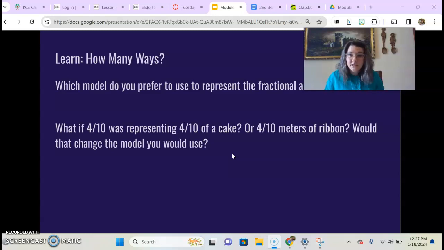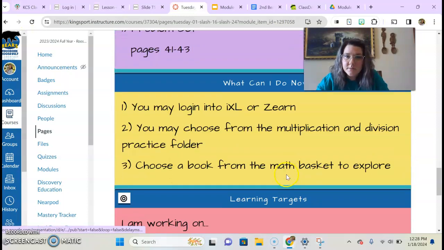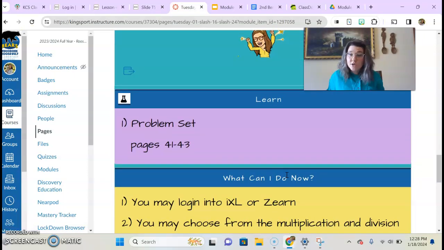Okay, we are here. Now, you are going to be working on pages 41 through 43. I'm going to put that on the screen up here so that you know the problem. So if you need to pause this video at the end, you have those page numbers, okay? And what you're going to do is, on page 41, you're drawing a number line to represent each given fractional amount.